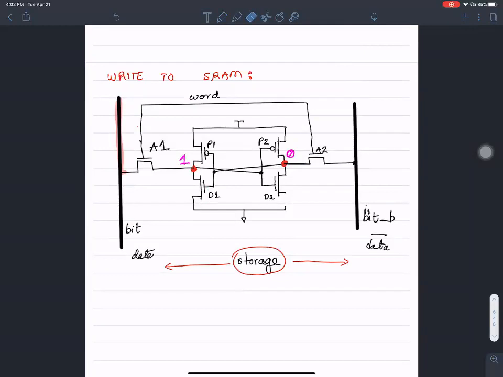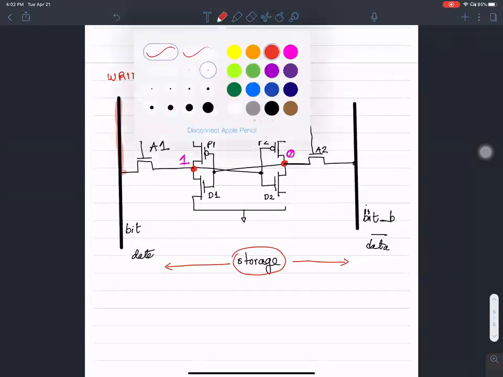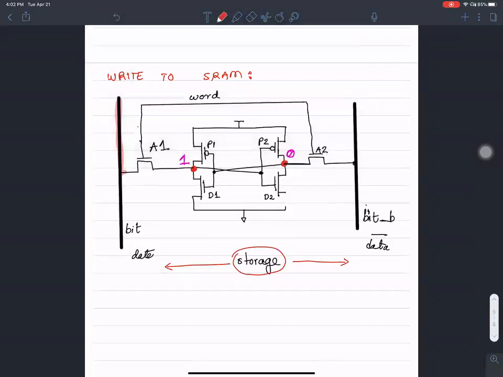Initially I have a 1 and 0 sitting. What I want to do is write a value of 0, overwriting with a 0 onto this and a 1 onto this. Let's say that's what we want to do.